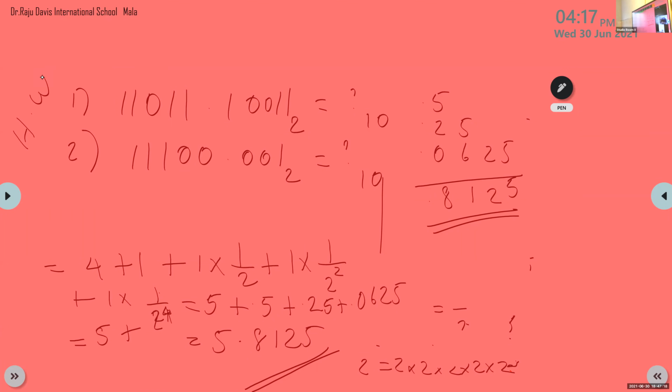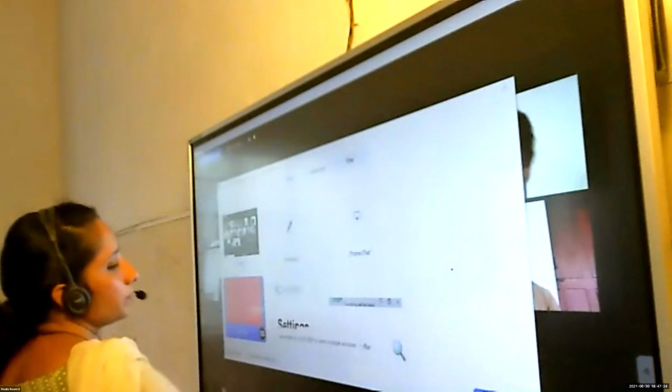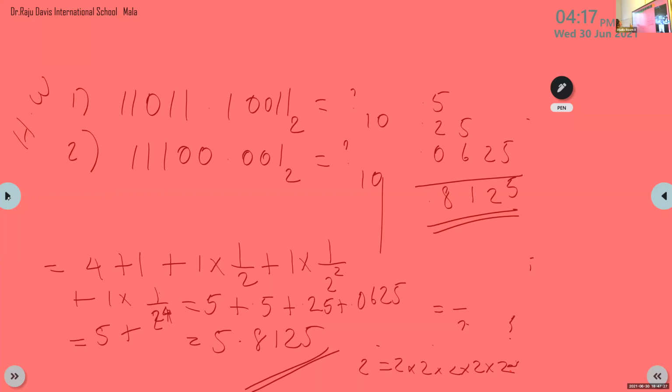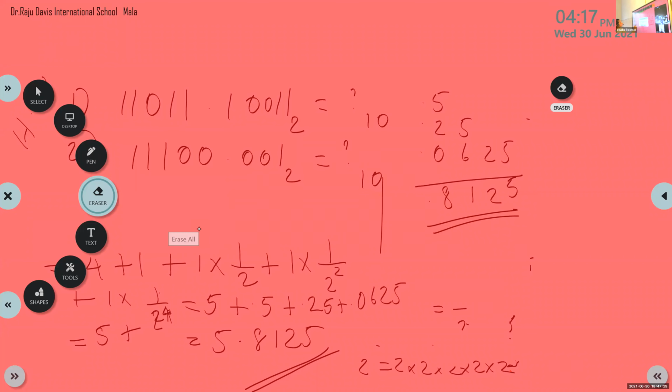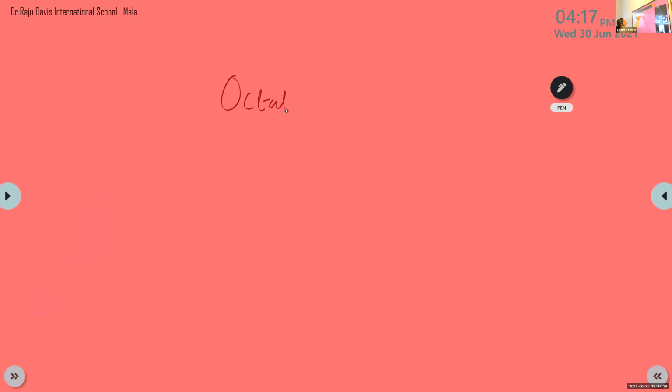Okay, so the next conversion. Which one is the next conversion? Binary to decimal is over. The next one is octal to decimal. How is the octal to decimal conversion? Instead of 2 raised to 0, what will we write?